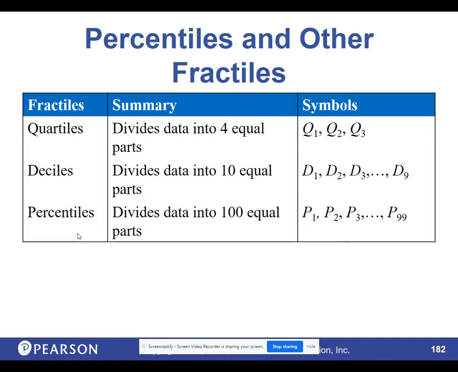Quartiles break the data into 4 equal parts, deciles break it into 10 equal parts, and percentiles break it into 100 equal parts. So if you are fortunate enough to get results on a test and find out that you're in the 99th percentile, does that mean you got a 99% on the exam?